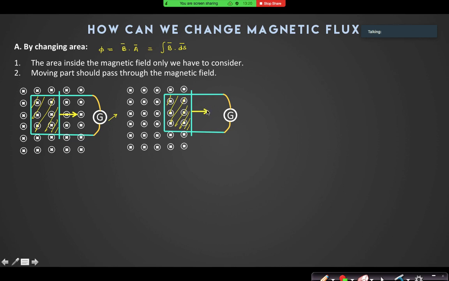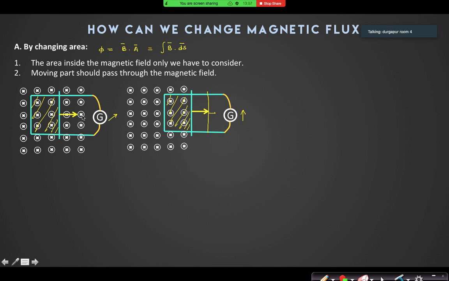No, sir. In the second case, you will find no deflection in the galvanometer, although the area is getting changed. You will not consider this full area. Suppose the rod is somewhere here. I will not take this part because there is no magnetic field here. I will only take this part, where the magnetic field is constant and the area is also constant. So basically you are not changing the area while moving this rod further.